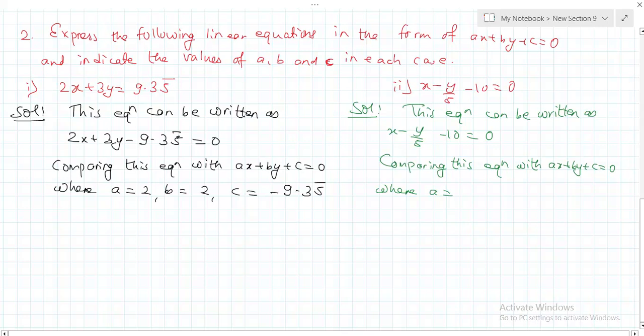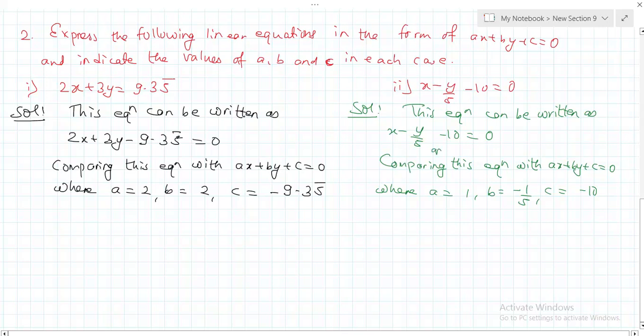So here you can write 1 into x. Okay, so this is 1, and similarly b means how much? Minus 1 by 5. And similarly c means how much? Minus 10.